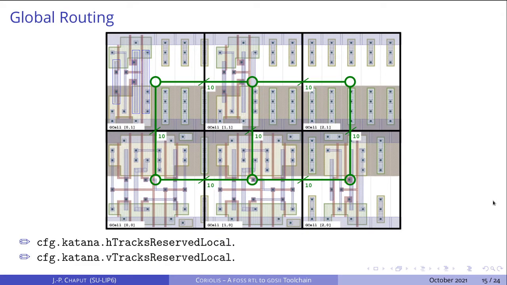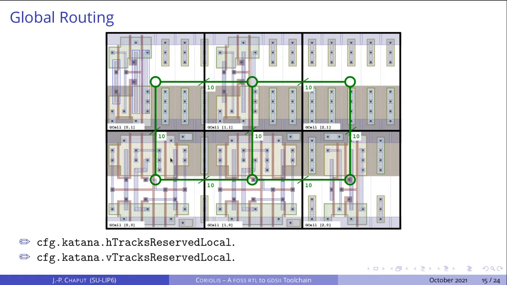Here is represented the global routing grid in green, with each node being a G-cell, and the edges connecting them with their capacity. As I said, the capacity of an edge is the number of tracks that you can pass through that edge. For example, here it's 10.